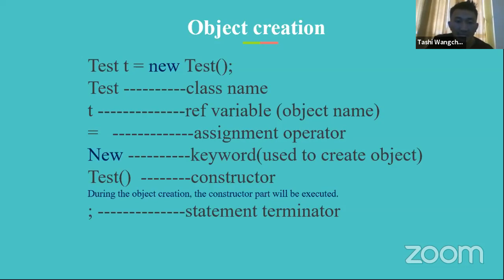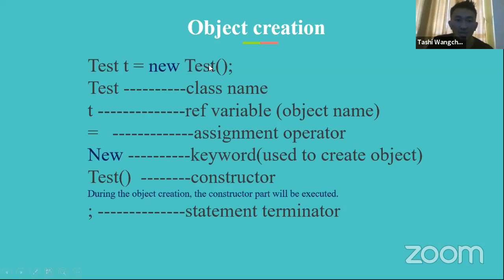For now, just know that this part is the constructor, and then we have a statement terminator. So this is the object creation.